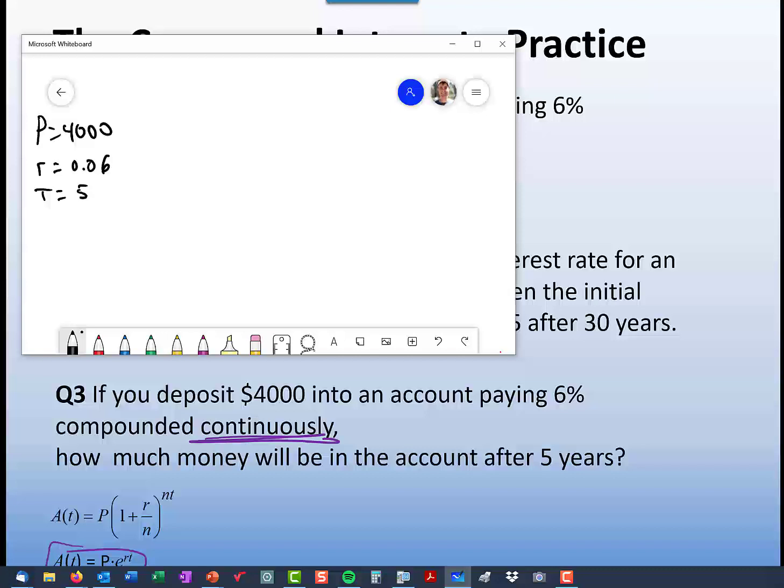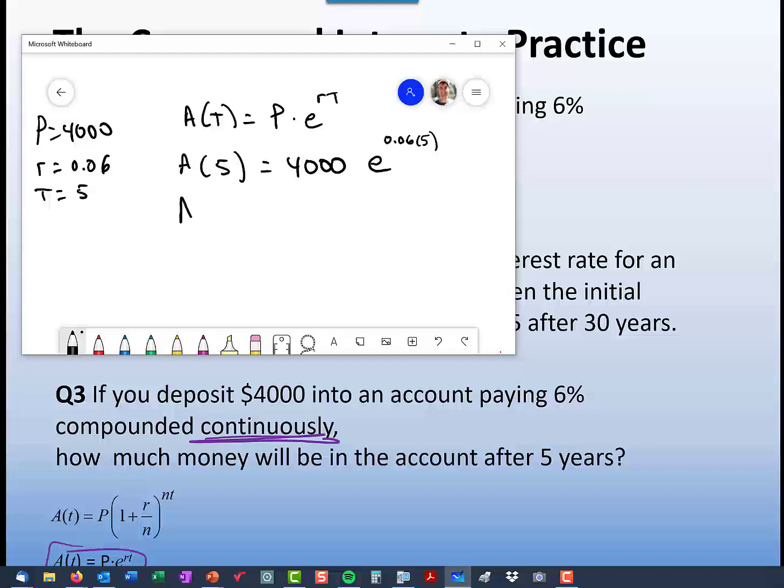And our formula for the amount of money is principal times e to the RT power. So we're just going to plug in 5 years. And we're plugging in the principal of 4,000 e, and we're going to multiply the rate times the time, 0.06 times 5.